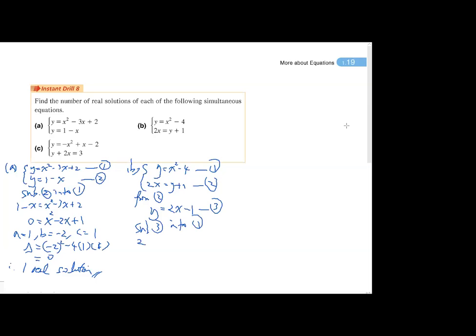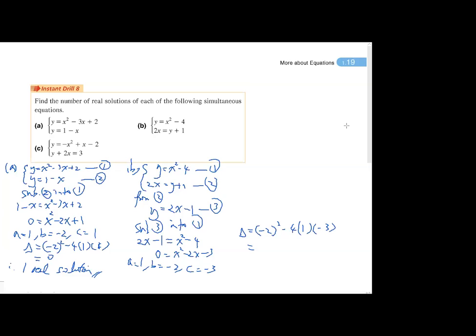So it becomes 2x minus 1 equals x squared minus 4. And then moving all the terms to the right, x squared minus 2x minus 3, which means that a is equal to 1, b is negative 2, and c is negative 3, okay? And then delta will be equal to b squared minus 4 times a times c, okay?